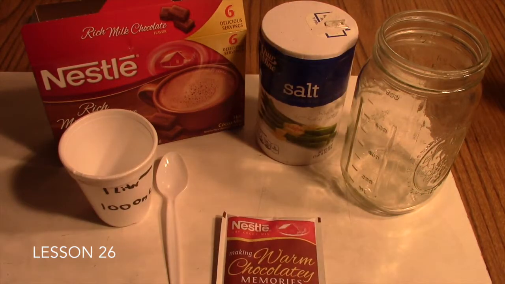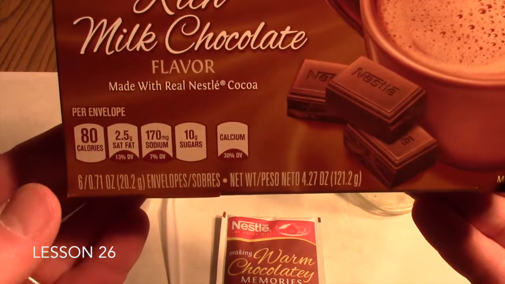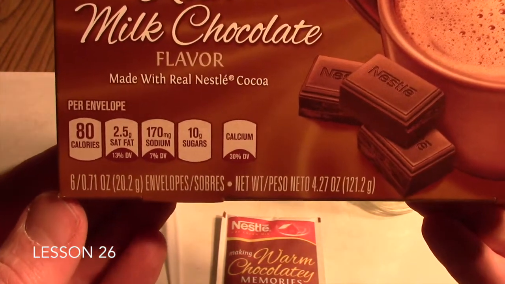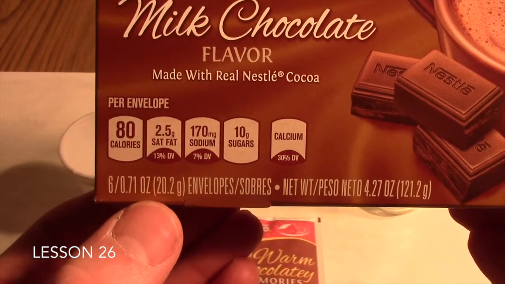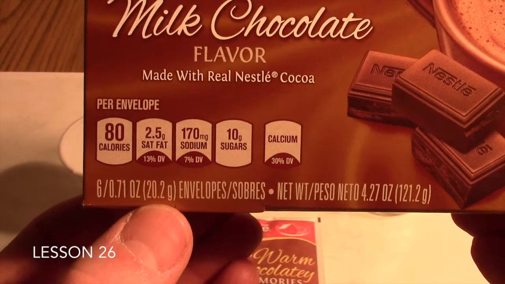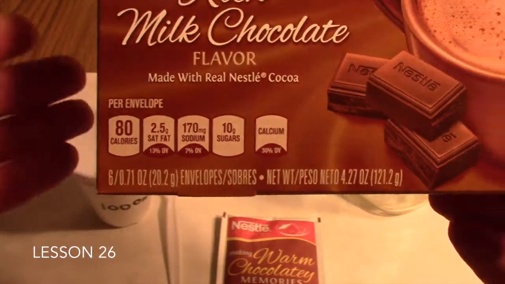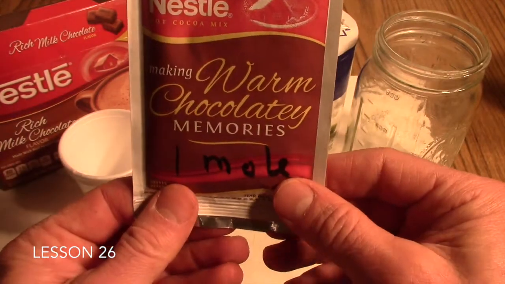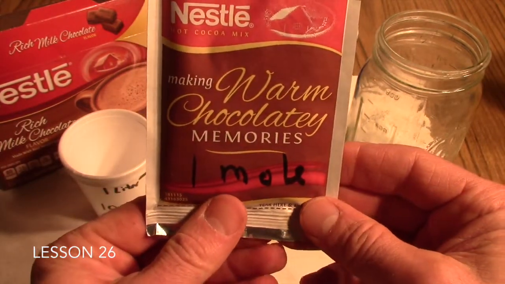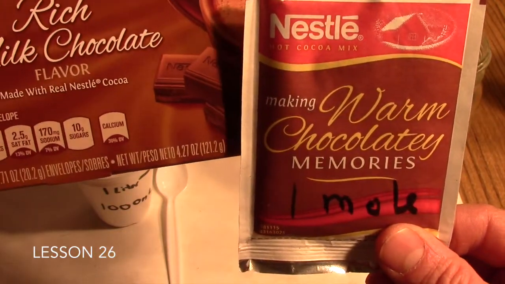Now next, take them back to the box that the drink mixes came in, and see if you can find on there what is the mass of 1 of the packets. And if you look down here on this particular box, it says right here that each packet is 20.2 grams. So we can then say that 1 mole of the drink mix compound here has a formula weight of 20.2 grams.